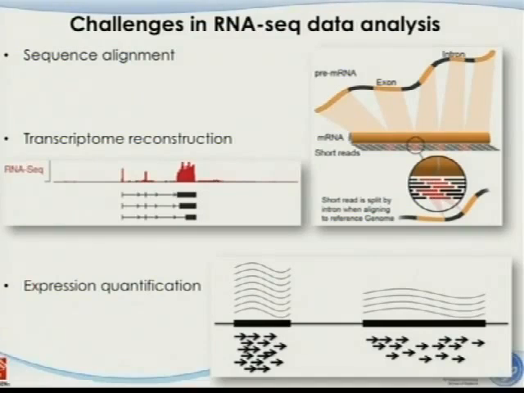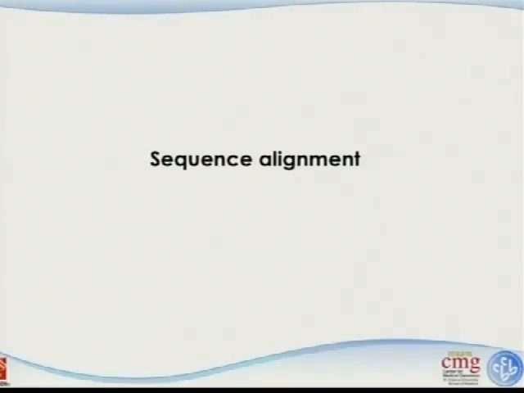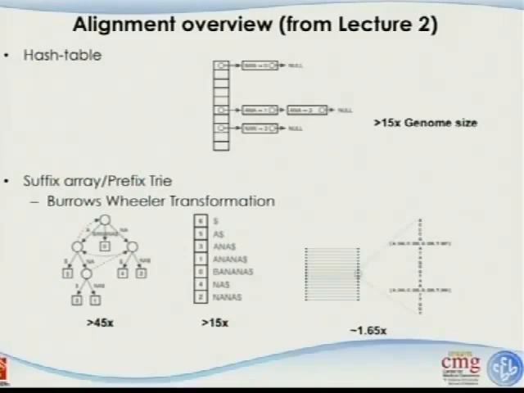And the third type of challenge is expression quantification, right? We will get into that a lot deeper today. For this particular gene, there are so many reads, and in this region there's the same amount of reads, but how do you quantify this information, and how do you compare different genes? That becomes the issue. Sometimes it's not even possible.